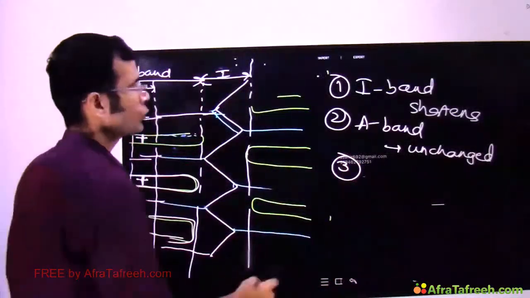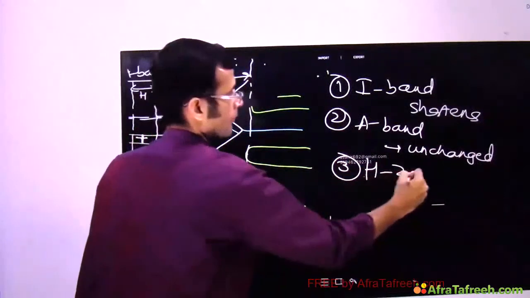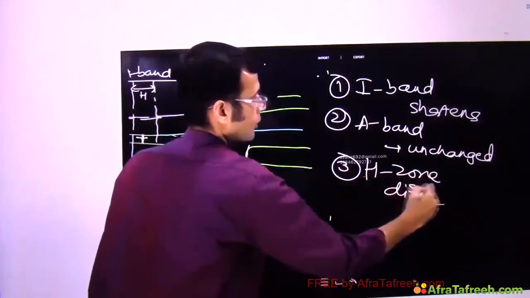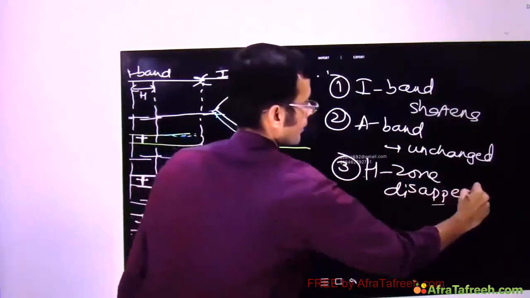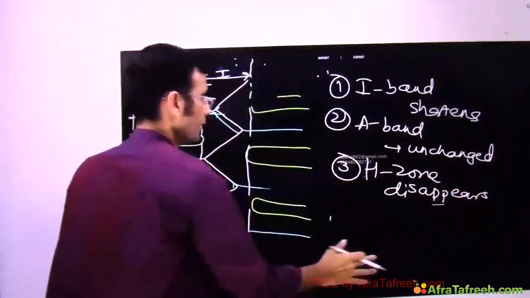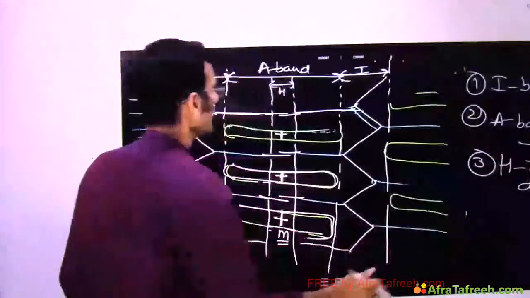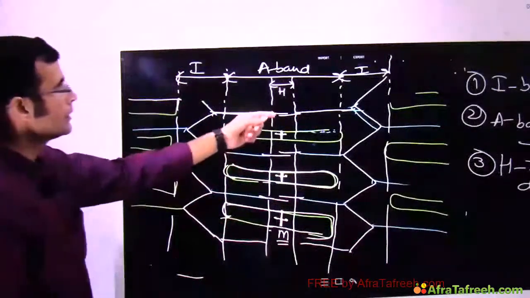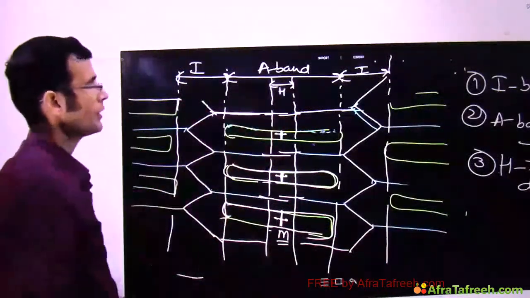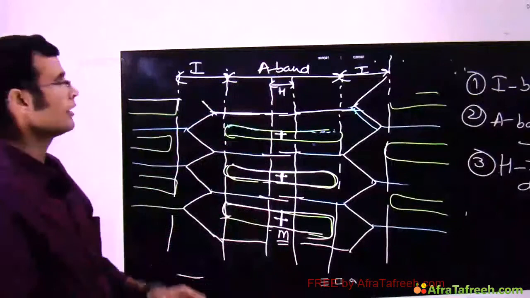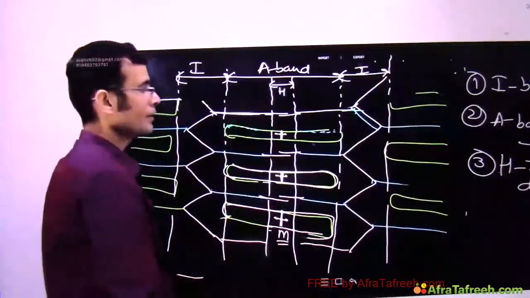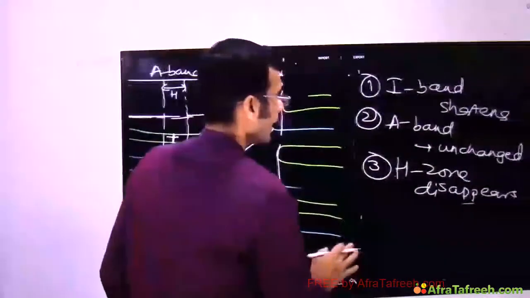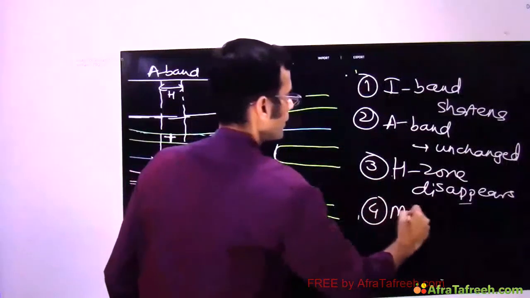Third thing, the H zone disappears. As you can see, thin filaments have begun to overlap just at the center of the sarcomere, so that gap which was there will disappear. And the next change is the M line becomes prominent.